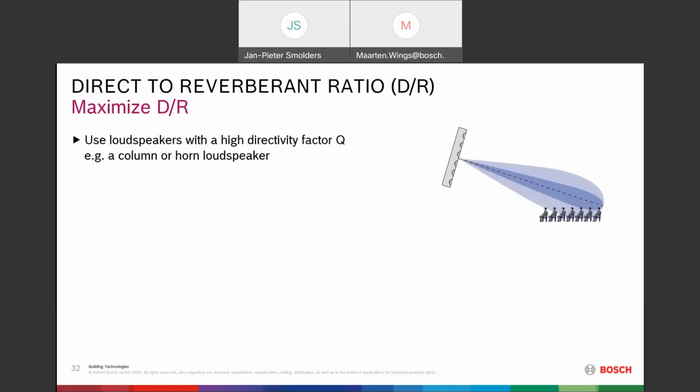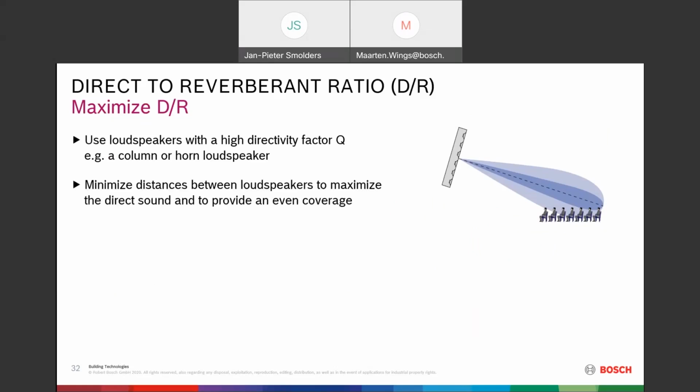So what you can also do is maximize the direct to noise ratio. So avoid reverberation or reflections from the wall and ceiling. Like you see here, for instance, a highly directive loudspeaker like this column over here. You can point it at the listening plane, so avoid reflections from the ceiling, from the ground floor, from the walls.